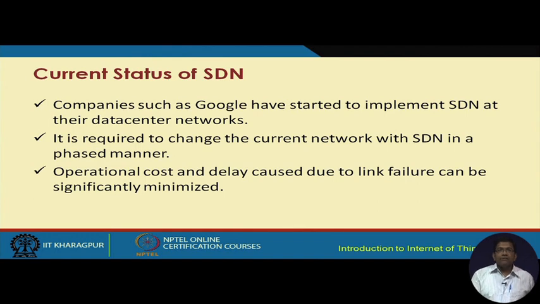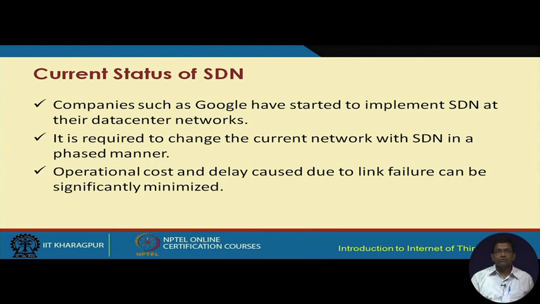Now, as for the current status of SDN, giant companies who have their own data centers have started to implement SDN in their own data center networks. It is required to change the current network to SDN in a phased manner. It is not like we can simply transform the existing switches to support SDN.